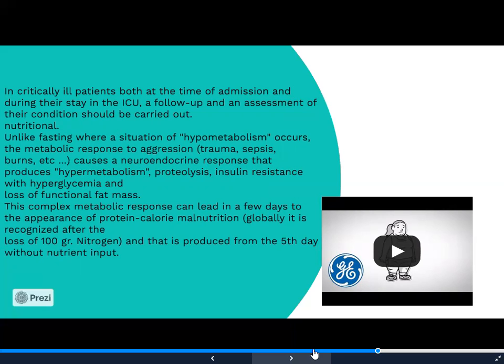This complex metabolic response can lead, in a failed diet, to the appearance of protein-calorie malnutrition. It is recognized after the loss of lean mass and is produced from day 5 without nutrient intake.